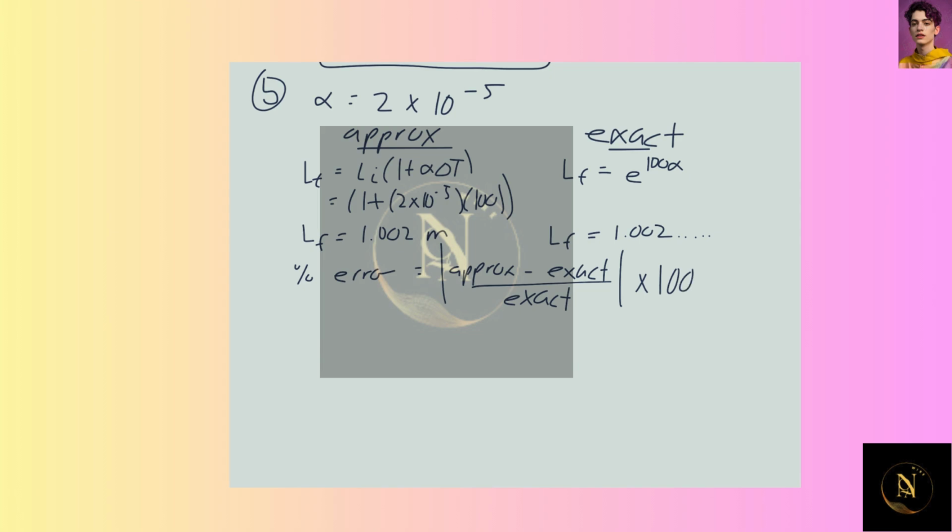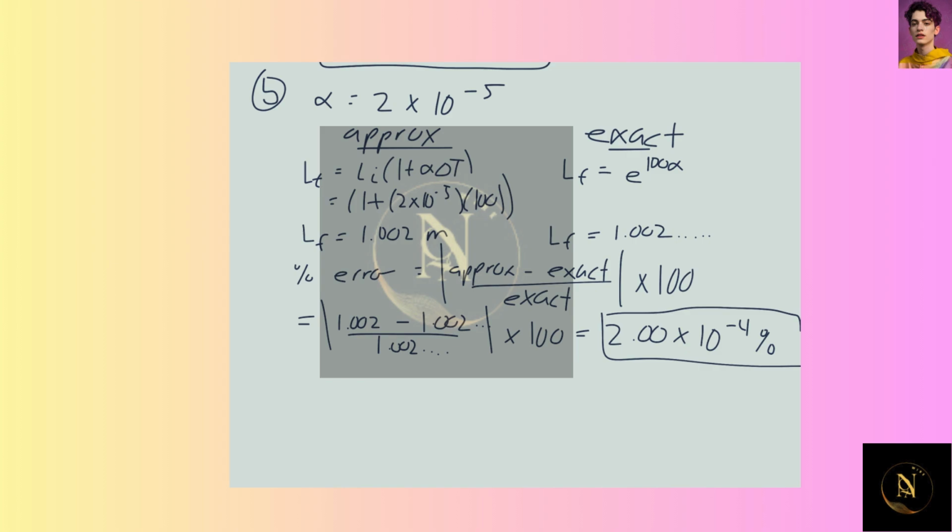So in this case, it will be 1.002 minus 1.002, and then there's some more in there that goes pretty far down, over 1.002 times 100, which you should find is equal to 2.00 times 10 to the negative 4 percent error.